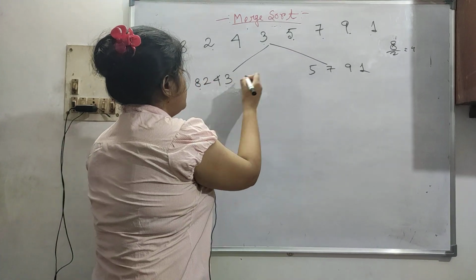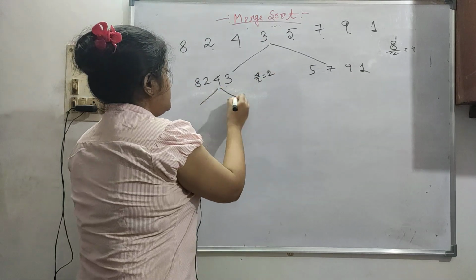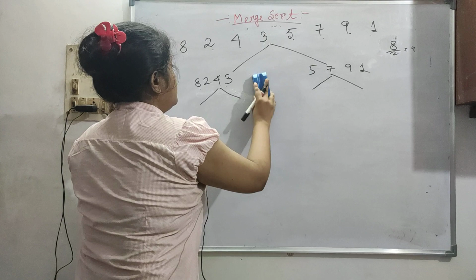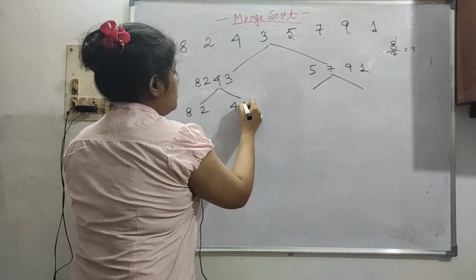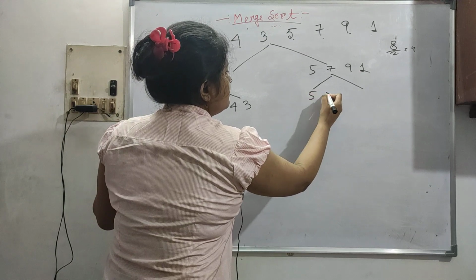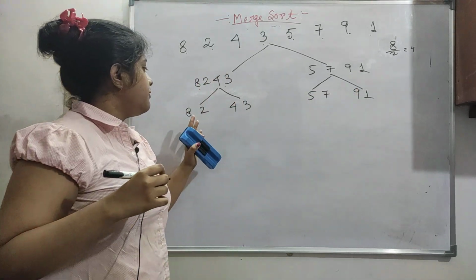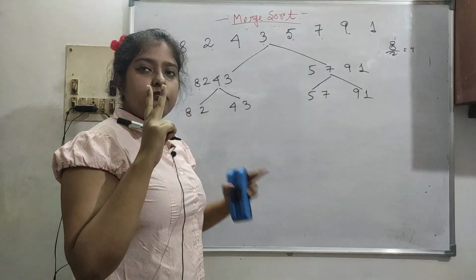These are 4 elements, so 4 by 2 is equal to 2 elements. Now again it is divided into 2 parts: 8, 2, 4, 3, 5, 7, 9 and 1. Now you can see every subarray has 2 elements.